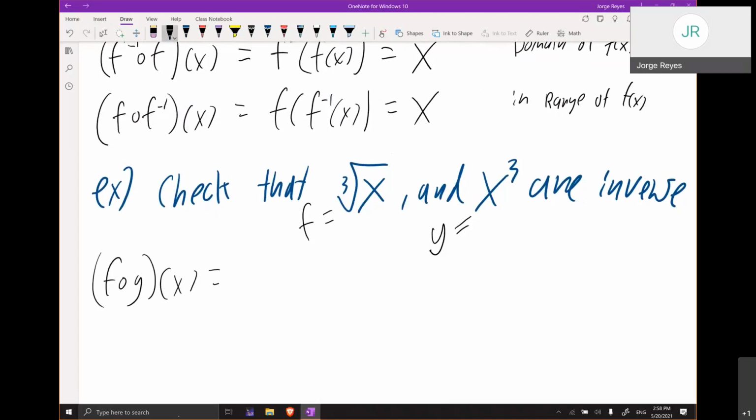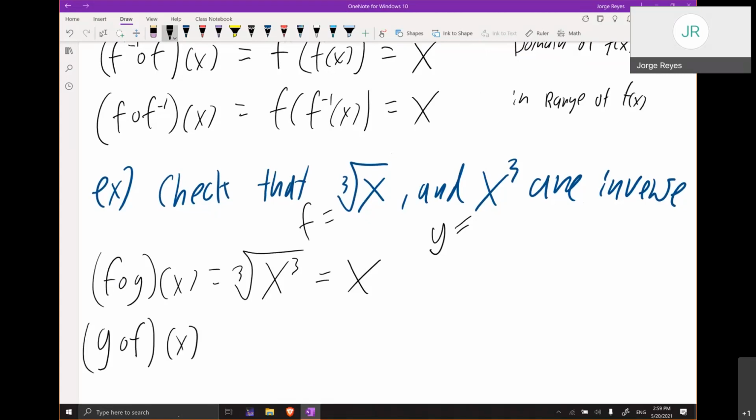So f of g is cube root of x cubed, which cancels to be x, and g of f of x is cube root of x cubed, which is x. Okay, so they both cancel to x, so that means that they are inverses.